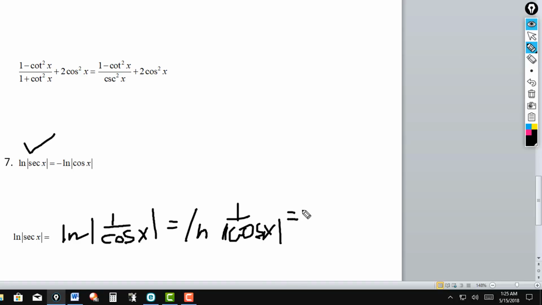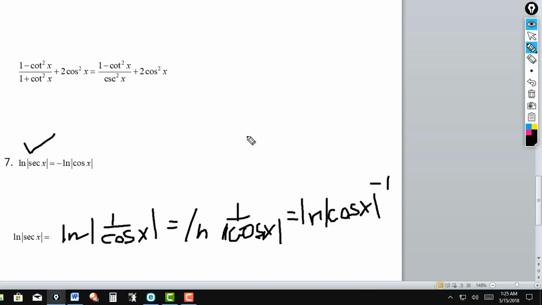And then using properties of negative exponents, I can rewrite this as the natural log of absolute cosine of x to the negative 1. So natural log of secant of x is the same thing as natural log of 1 over absolute cosine of x, and this can be written this way.